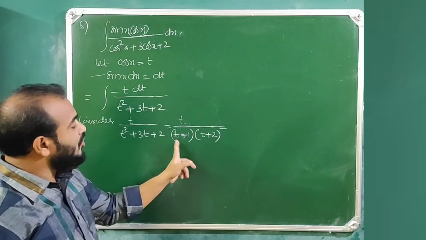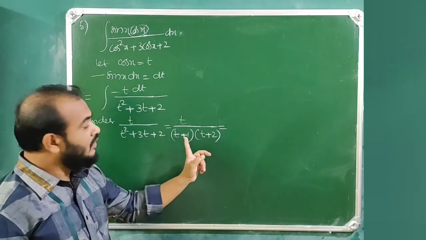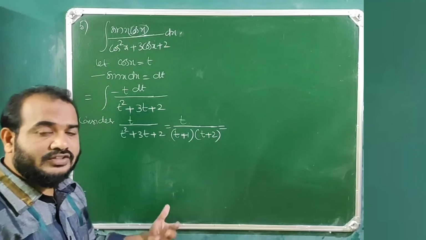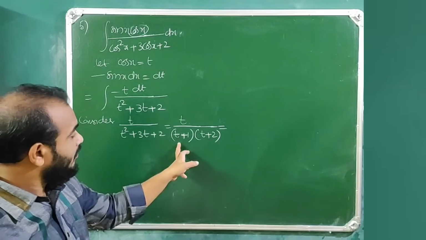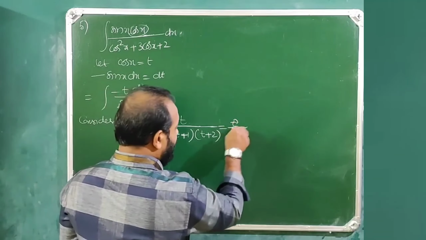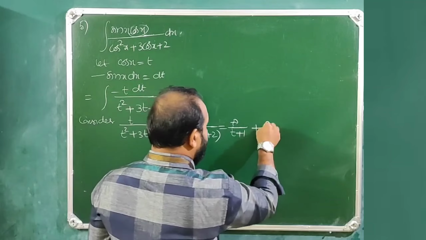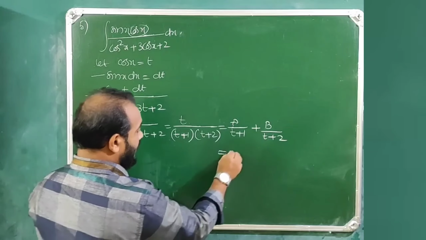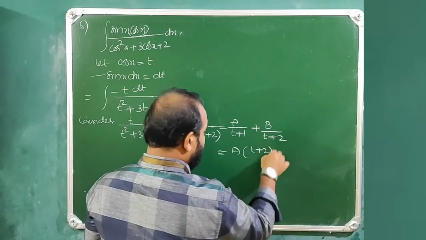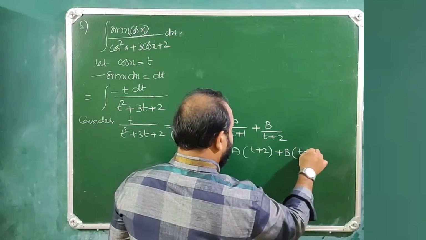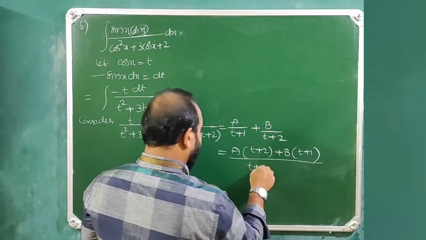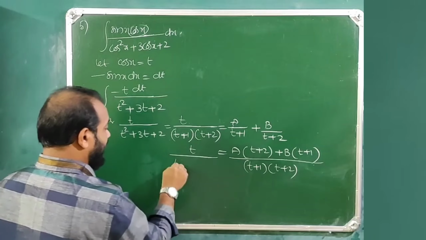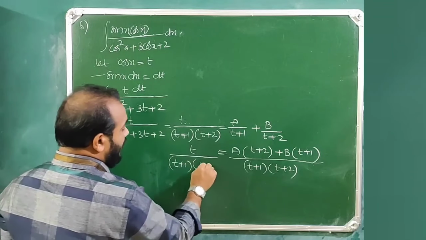So since the denominator contains two non-repeated linear factors, for every non-repeated linear factor there corresponds a partial fraction of the form a by t plus 1, b by t plus 2. A by t plus 1 plus b by t plus 2, where a and b are to be evaluated. So a into t plus 2 plus b into t plus 1 by t plus 1 into t plus 2 is equal to t by t plus 1 into t plus 2.